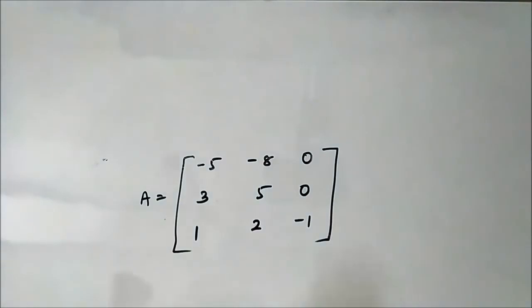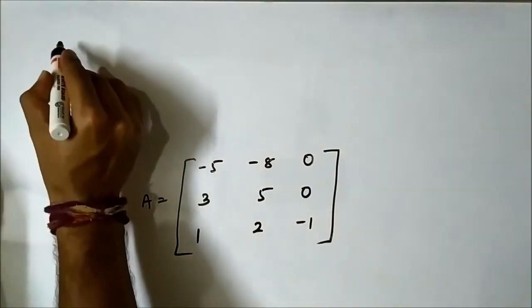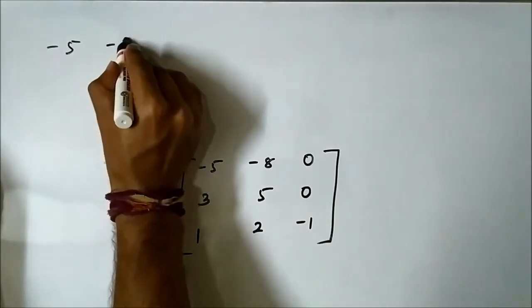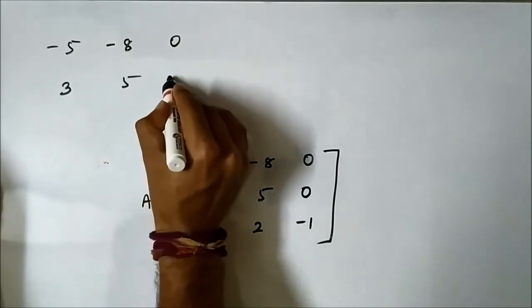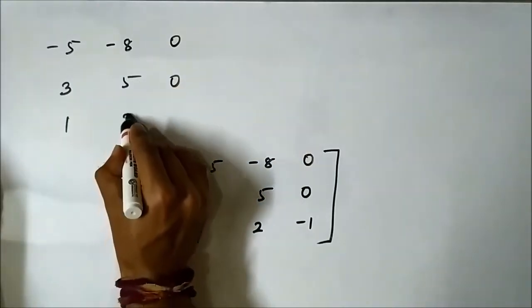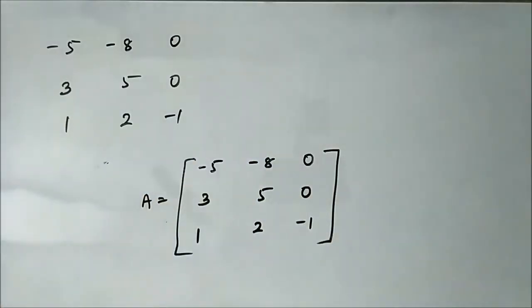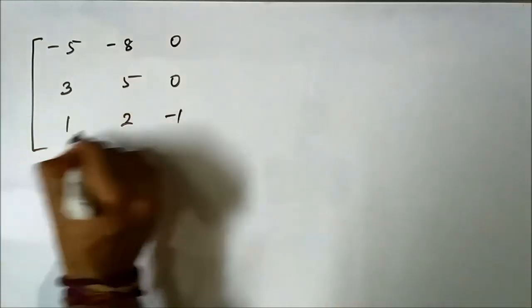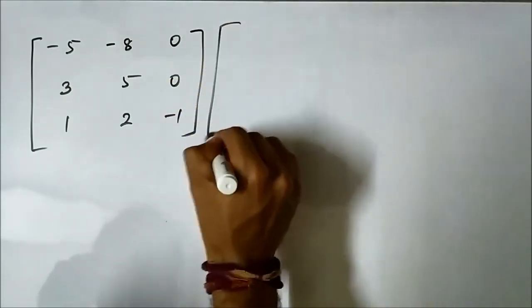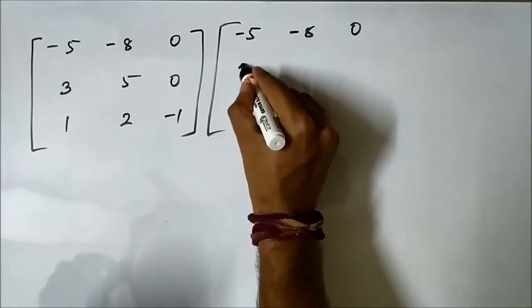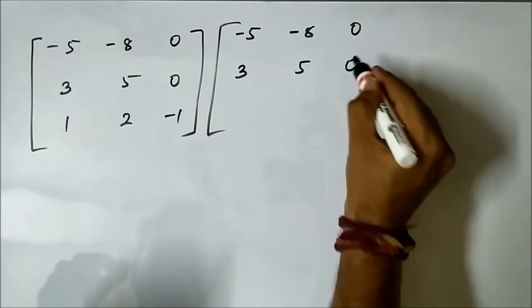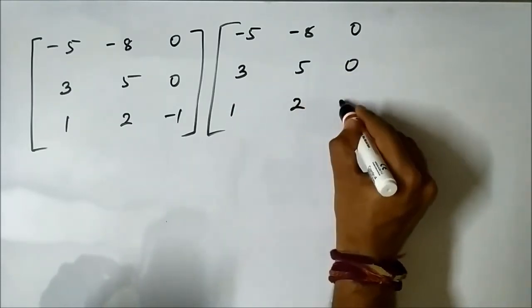So let us write the matrix here. It is minus 5 minus 8 0, 3 5 0, 1 2 minus 1. Now we'll multiply the matrix with itself, the square of the matrix: minus 5 minus 8 0, 3 5 0, 1 2 minus 1.